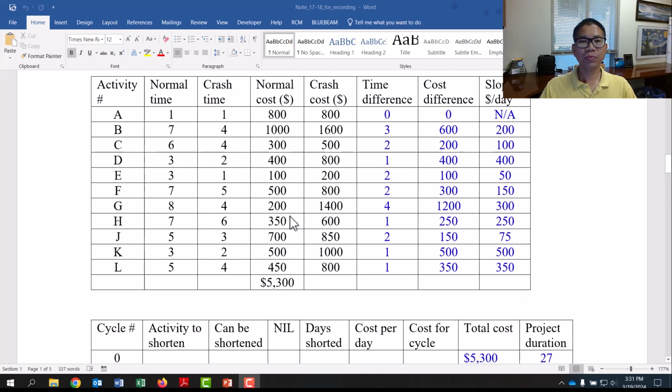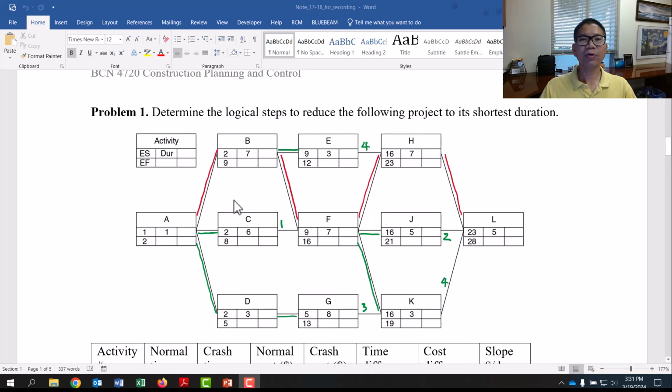So first thing first, we need to find out the critical path. From this calculation, you can see the longest path, the critical path, goes through A, B, F, H, L, and I put a red line through that: A-B, B-F, F-H, and H-L.